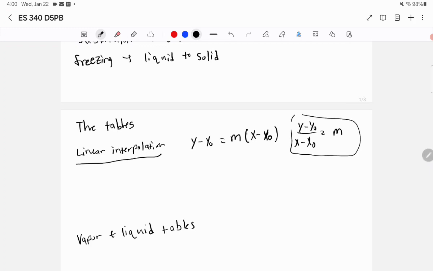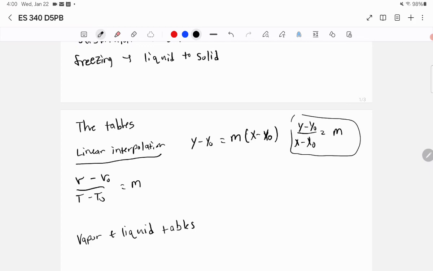But typically, obviously, the variable that we'll be looking for is not y, but it might be something else, like, as an example, the specific volume. So instead of y, I might have v minus v naught over t minus t naught, which is equal to m.